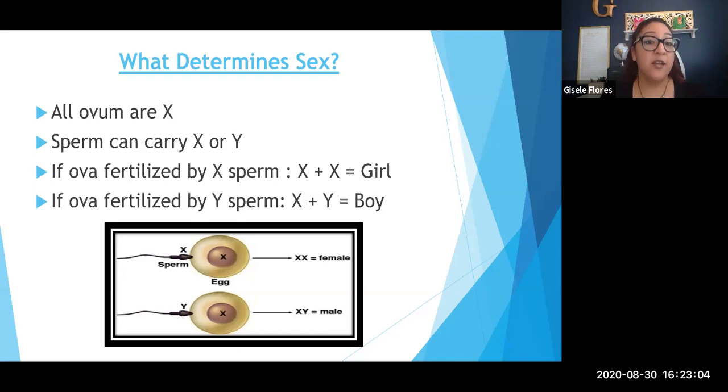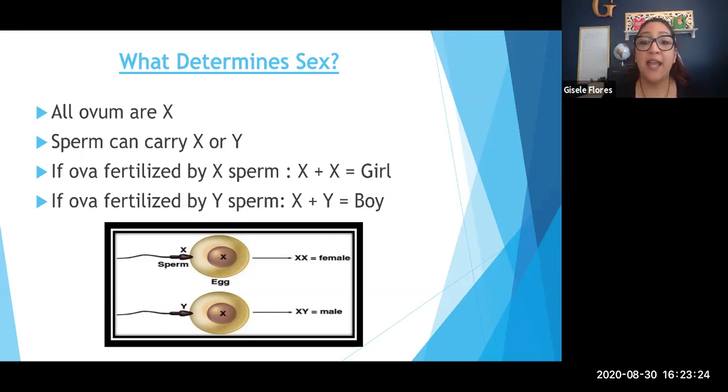And that means a child could have either an XX or an XY in their chromosomal makeup, but they're presenting some characteristics that are not specific to that identification of girl or boy.